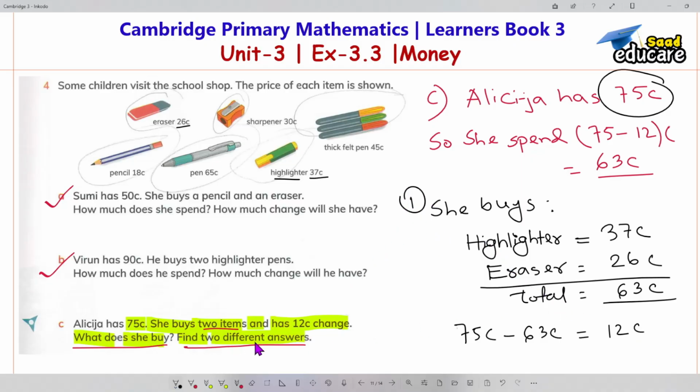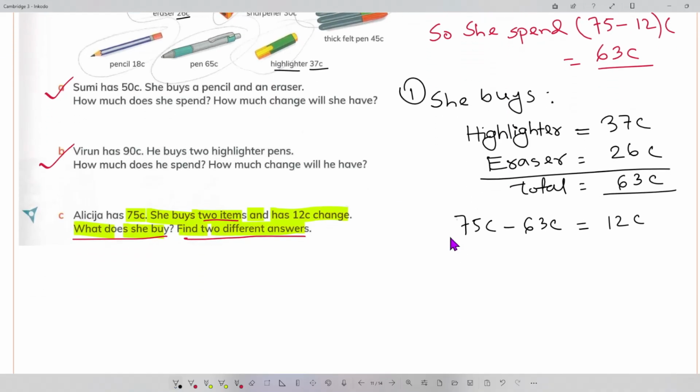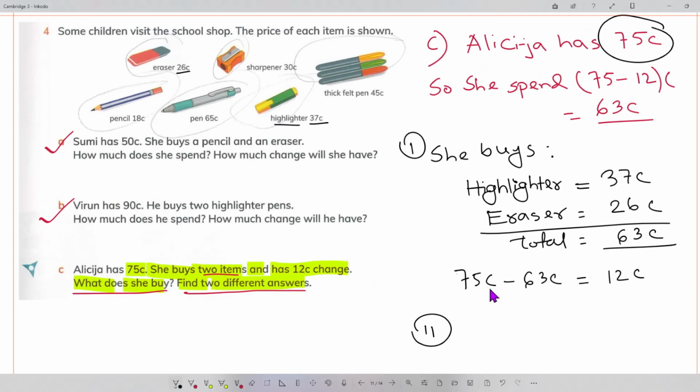Here it is mentioned, find 2 different answers. Second one, look, there is a thick felt pen at 45 cent. And another thing, a pencil at 18 cent.